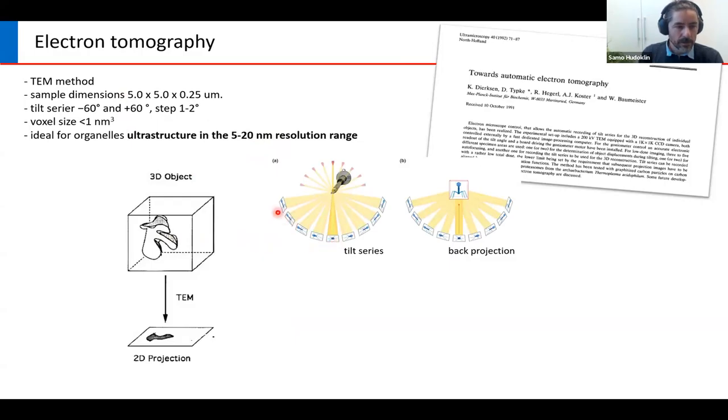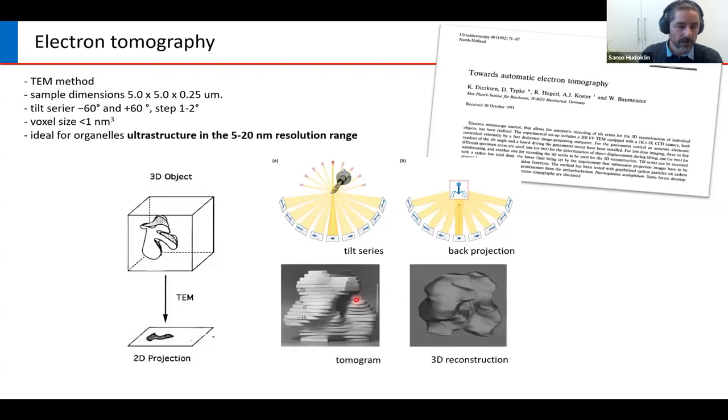You obtain a series of images, projections, which can then be aligned and back projected in order to reconstruct the data. So you receive the tomogram and then you can do the 3D reconstructions.